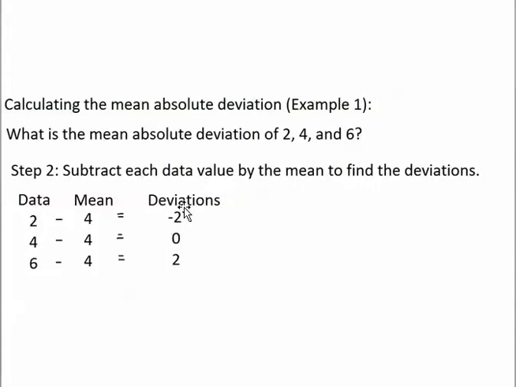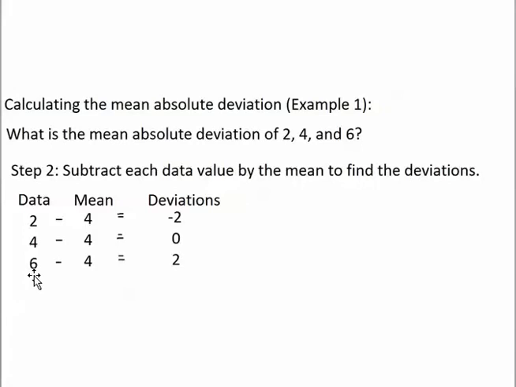And what the deviation shows is how far the data value is below the mean, or how far the data value is above the mean. So this data value of 2 is 2 below the mean of 4, which is why it has a deviation of -2. -2 means 2 below the mean.